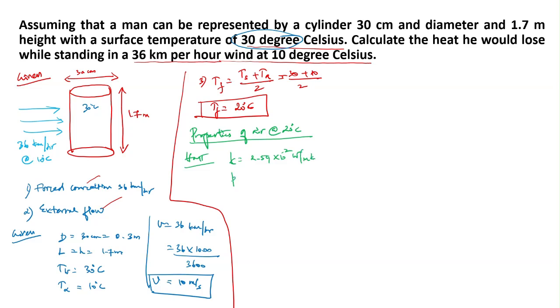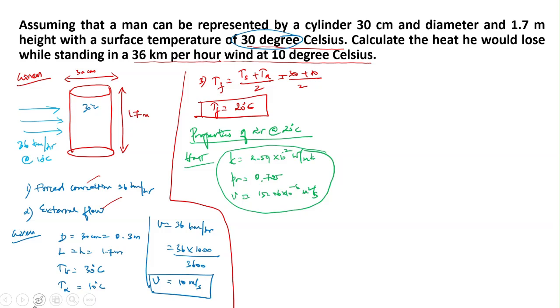Prandtl number is 0.705. Kinematic viscosity is 15.06 into 10 to the power of minus 6 meter square per second.